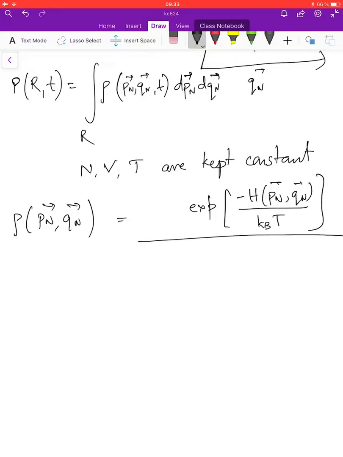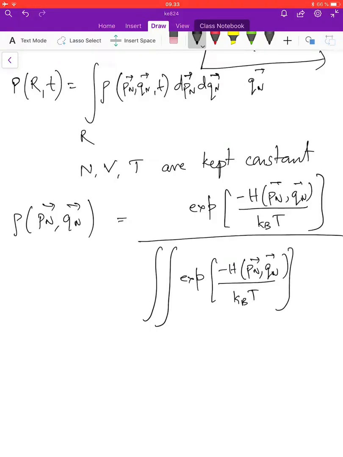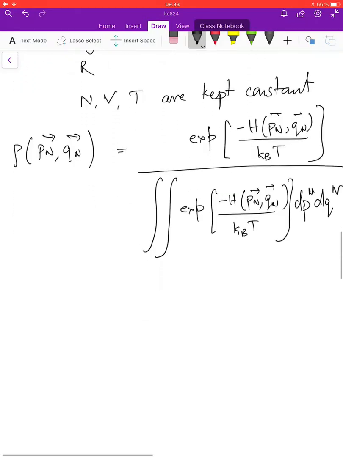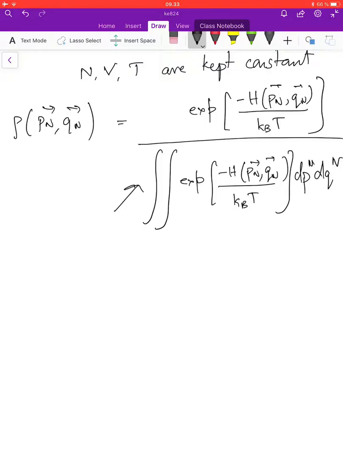And in the denominator, we have the same term, but now integrated over the entire phase space. The quantity in the denominator, which we will call Q, is called the partition function in statistical mechanics. And from this partition function, one can calculate several thermodynamic properties.